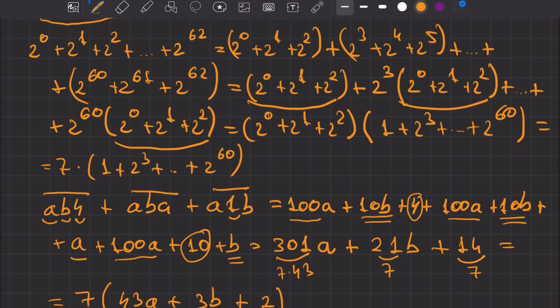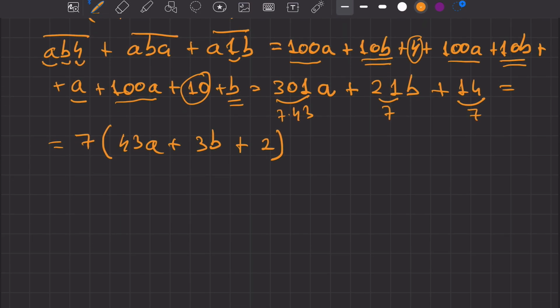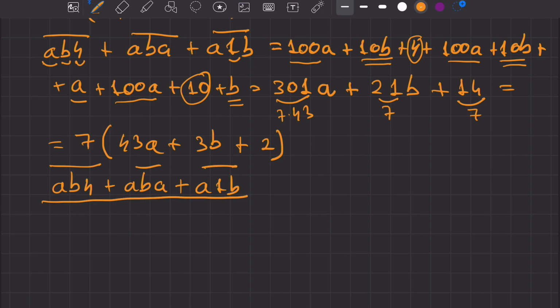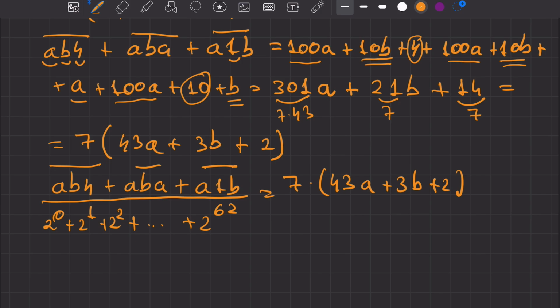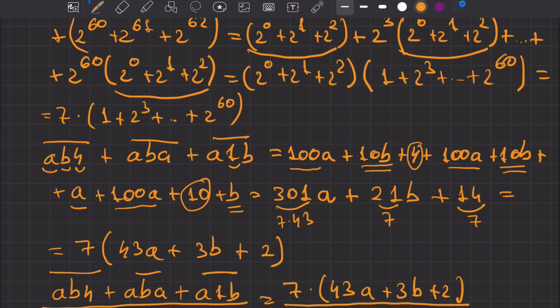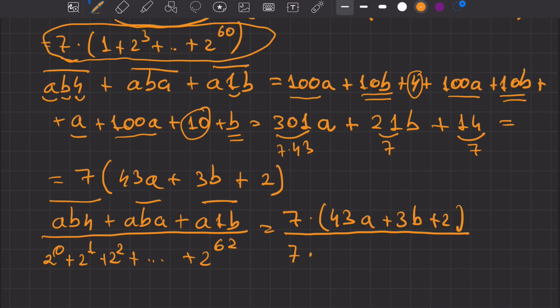Now, if we put all of this together, we get that AB4 plus ABA plus A1B, everything divided by 2 to the power of 0 plus 2 to the power of 1 plus 2 to the power of 2 plus and so on 2 to the power of 62 is equal with, at the numerator, we have this number here, which is 7 times 43A plus 3B plus 2 over, and we saw that here we would take this number, so it is 7 multiplied by 1 plus 2 to the power of 3 plus and so on plus 2 to the power of 60.